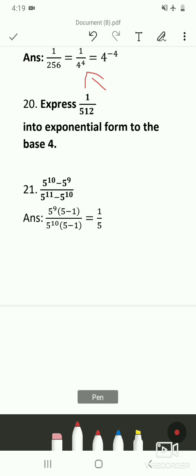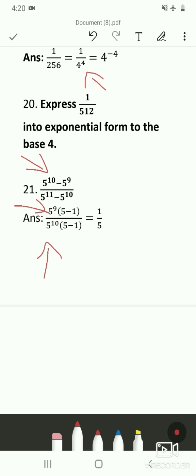5 raised to 10 minus 5 raised to 9 upon 5 raised to 11 minus 5 raised to 10. You have to simplify this problem. This is very easy. In the numerator we can see 5 raised to 9 is common. So we have taken 5 raised to 9 outside, and you will be remaining with 5 raised to 9 into (5 minus 1).